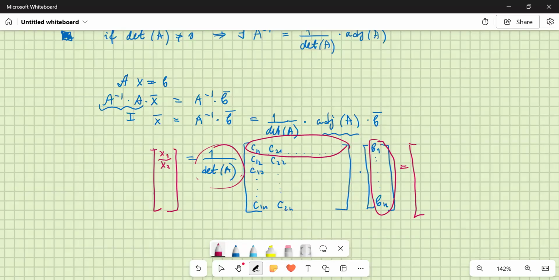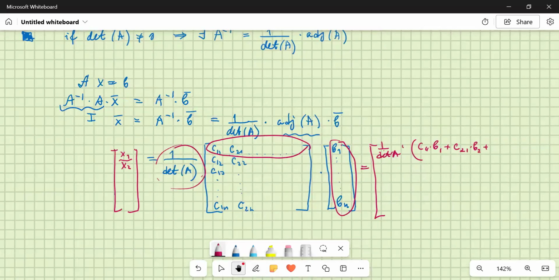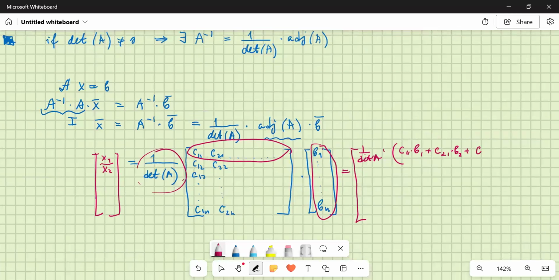It is going to be 1 over determinant of A, which is a coefficient, multiplied by C11 times B1, plus C21 times B2, plus C31 times B3, and so on.